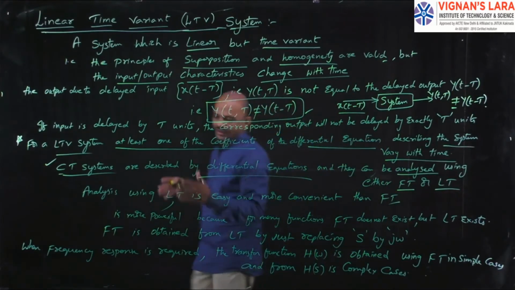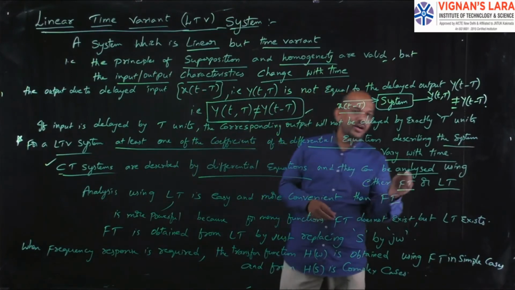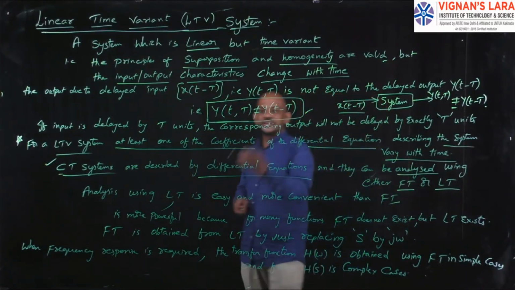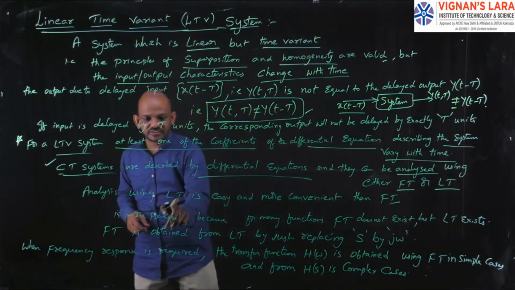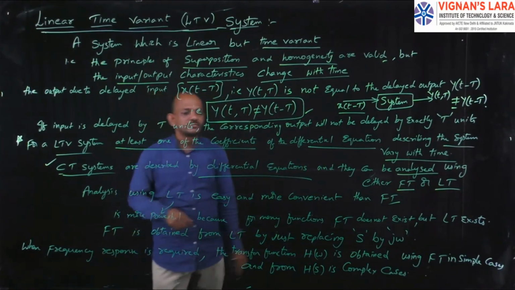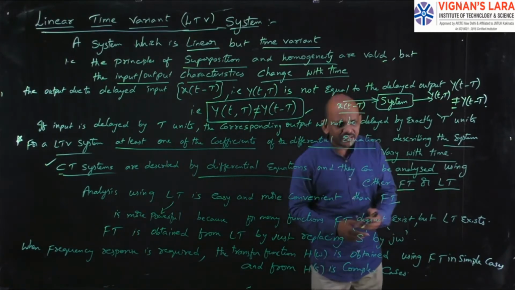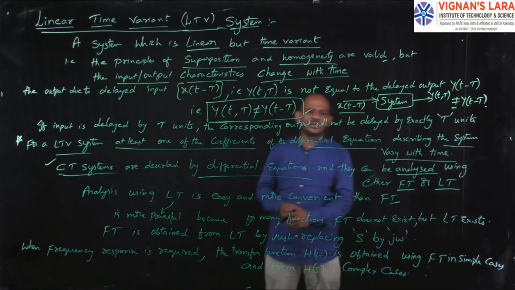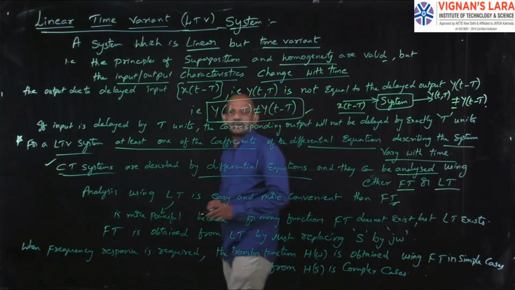If I compare the Laplace transform and the Fourier transform, analysis using the Laplace transform is easier and more convenient. Why?